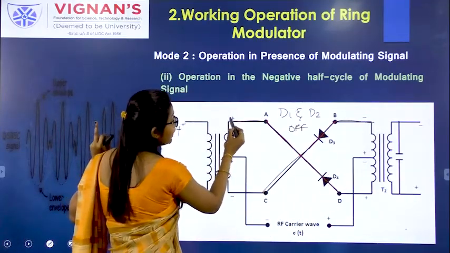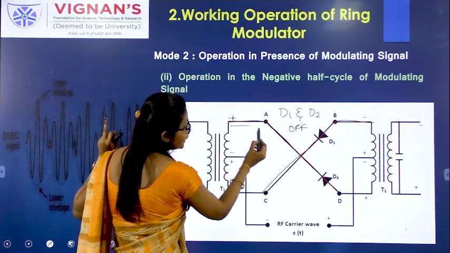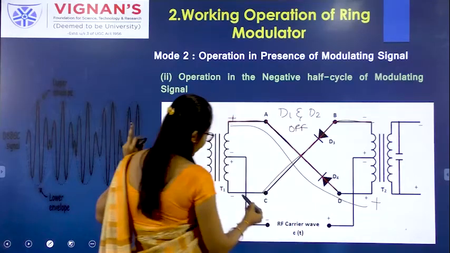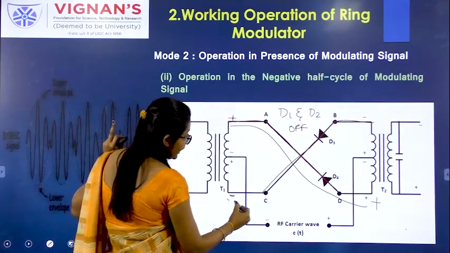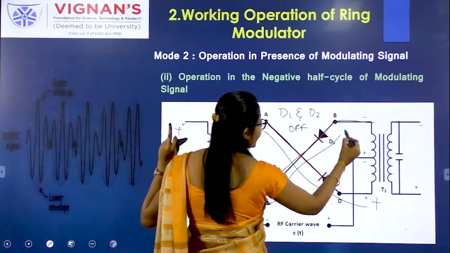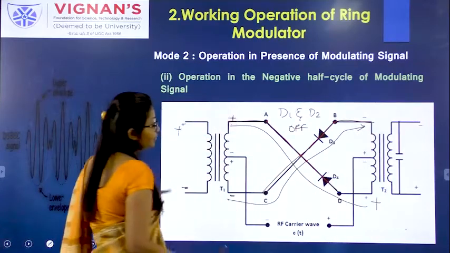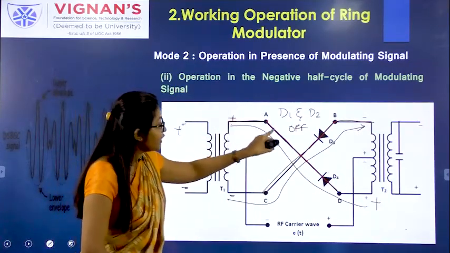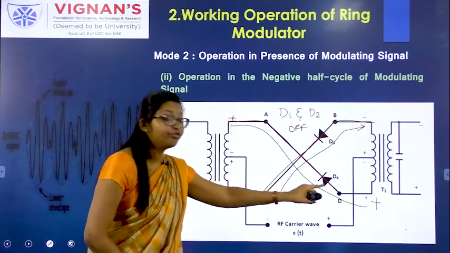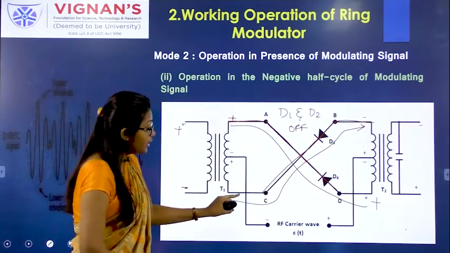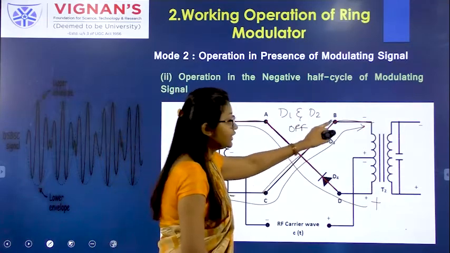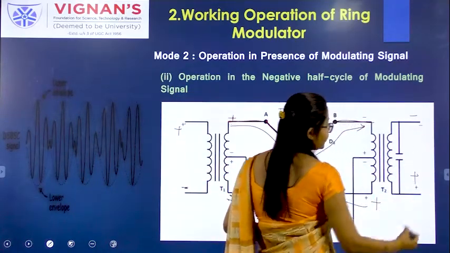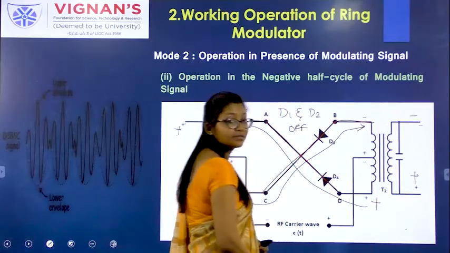When you give a positive signal here, the path goes here and it appears positive, and for negative, the negative will appear because the way is like this only. For a positive signal, there is a way to go through D4, and for a negative signal there is a way to go through D3. So finally it will be minus and plus.